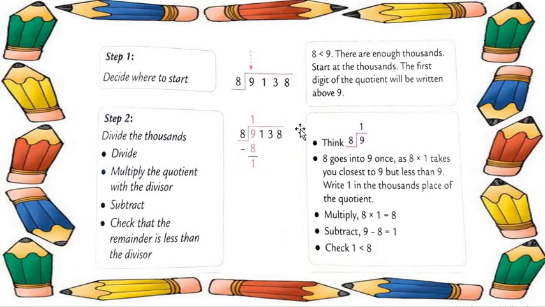Okay, so now we start step number 2. So 8 goes into 9 one time, as 8 ones are 8.